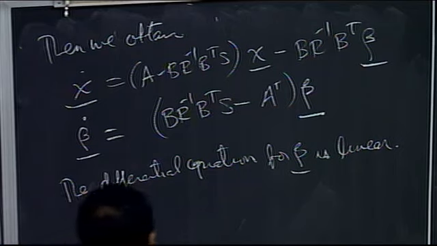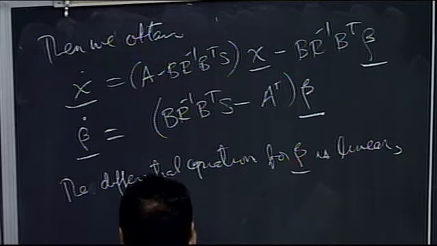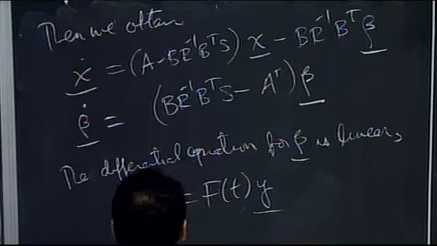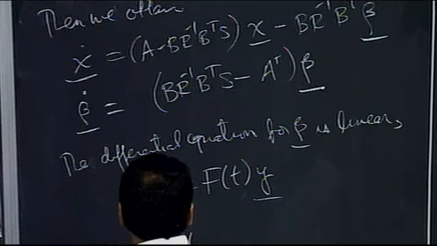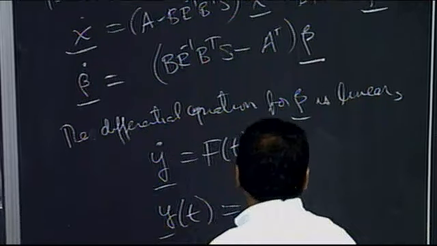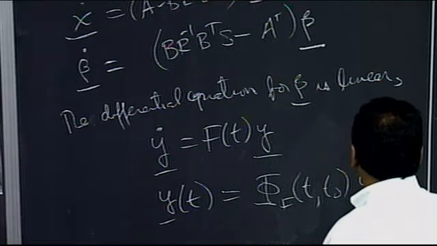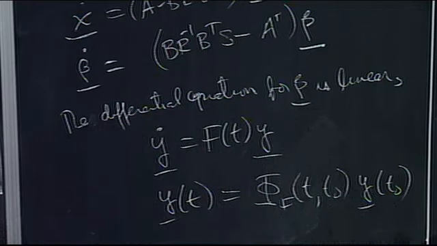So it has the form y dot equals f of t times y. Now the solution to this system, y of t, because this is a linear system, is equal to the transition matrix of f times some condition on y. That's the general solution of any linear system, right?